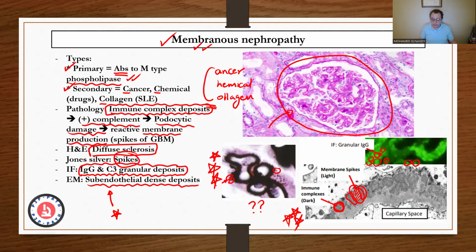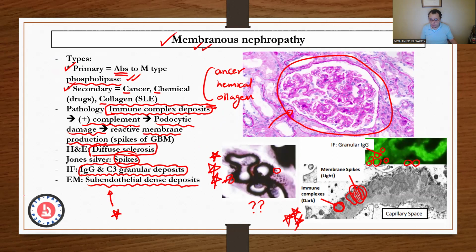Membranous is immune complex mediated, usually secondary, maybe primary, with antibodies against M-type phospholipase, which exists in the phospholipid membrane, makes sense with membranous, or the 3 C's: cancer, chemical, collagen.